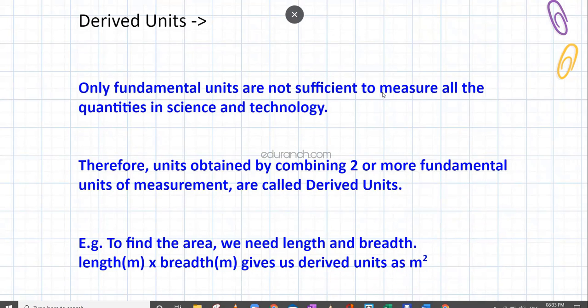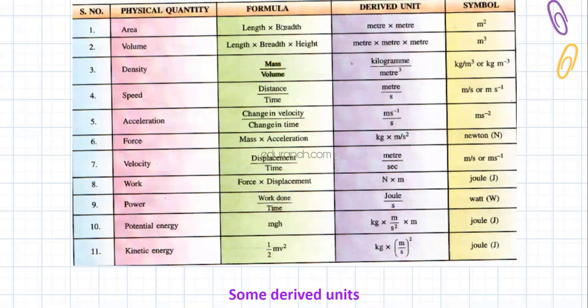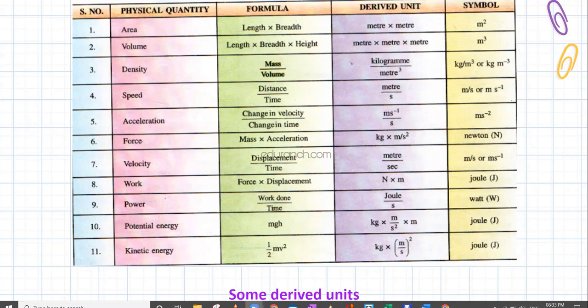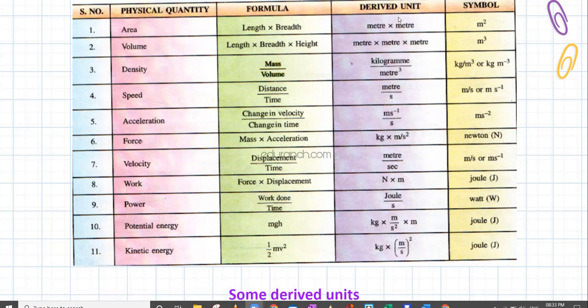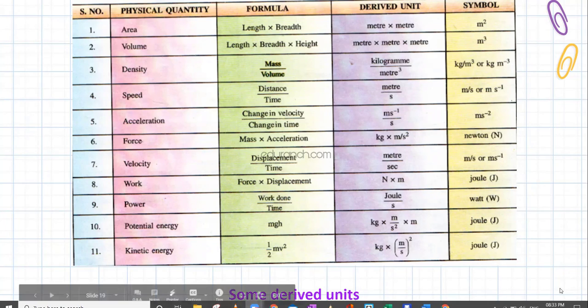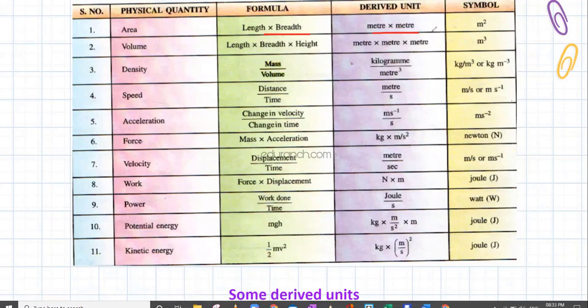Let's now see the different formulas we use to measure physical quantities. We have the first column physical quantity, the second column the formula, the third column the derived unit we get, and the fourth column the symbol we use. For area we use length into breadth, which is meter into meter, giving meter square. For volume, length times breadth times height, so meter into meter into meter gives meter cube.